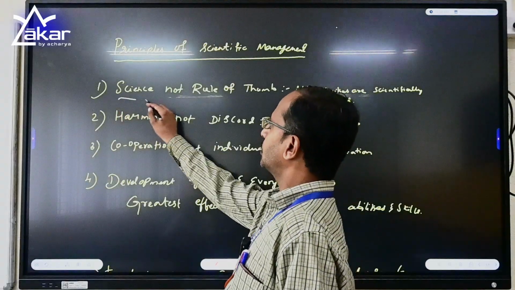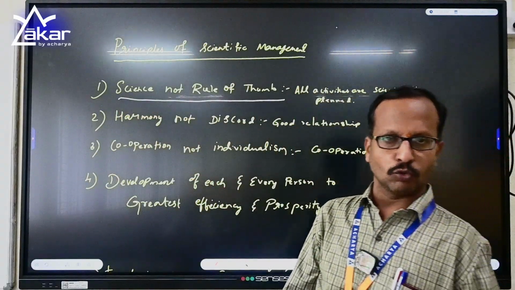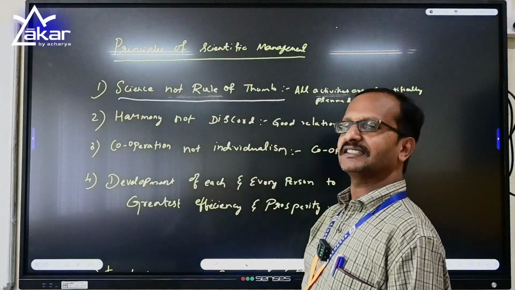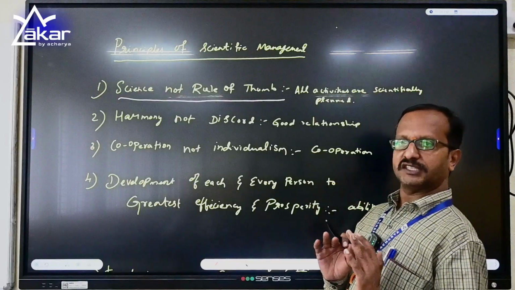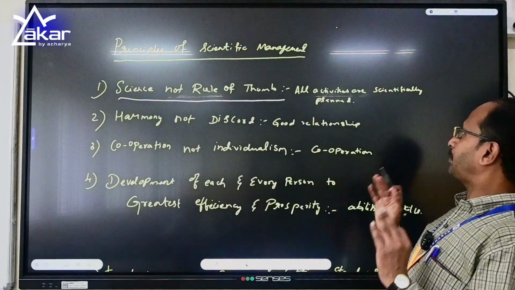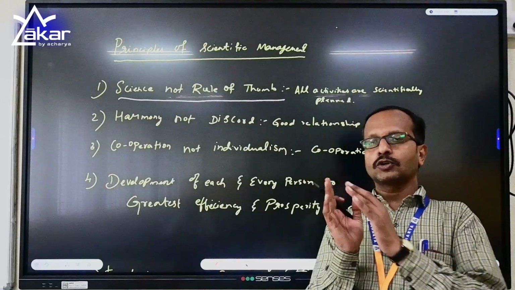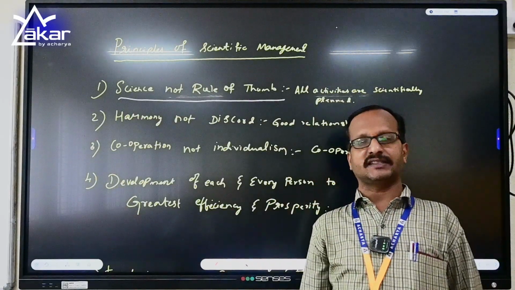Science, not rule of thumb. Don't use the rule of thumb, rather use science. That means it's a scientific approach. So he says that all the activities in management have to be planned scientifically. He uses the scientific method rather than the rule-of-thumb method.